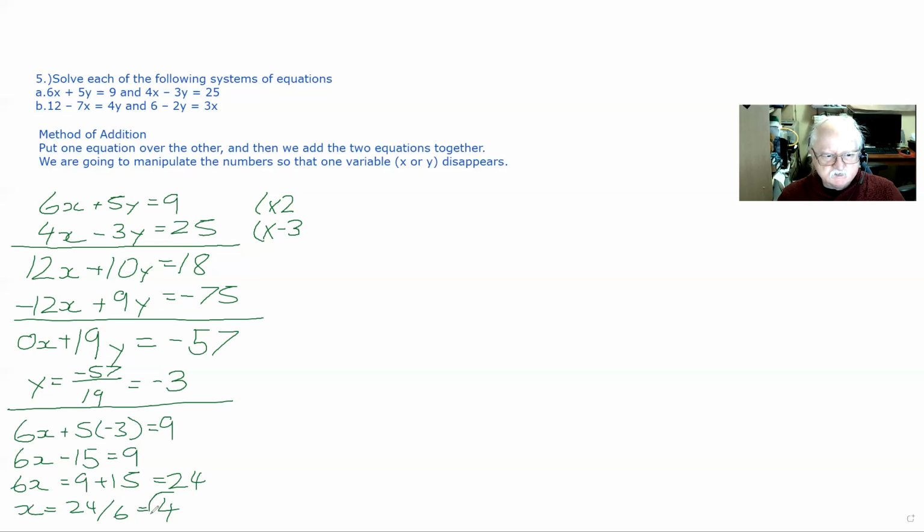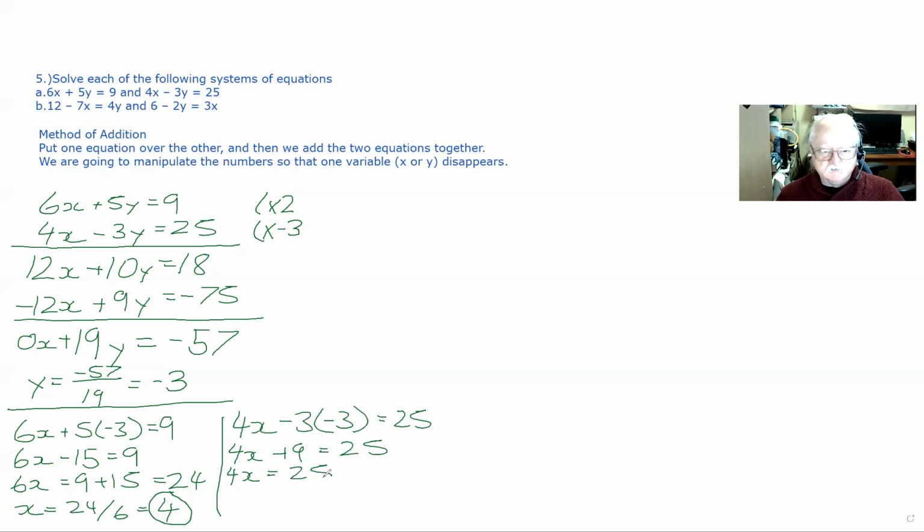So again, we're happy this is a whole number, but we're only really happy if when we put it in the other equation, 4x take away 3 times negative 3 equals 25. 4x plus 9 equals 25. 4x equals 25, take away 9, which is 16.